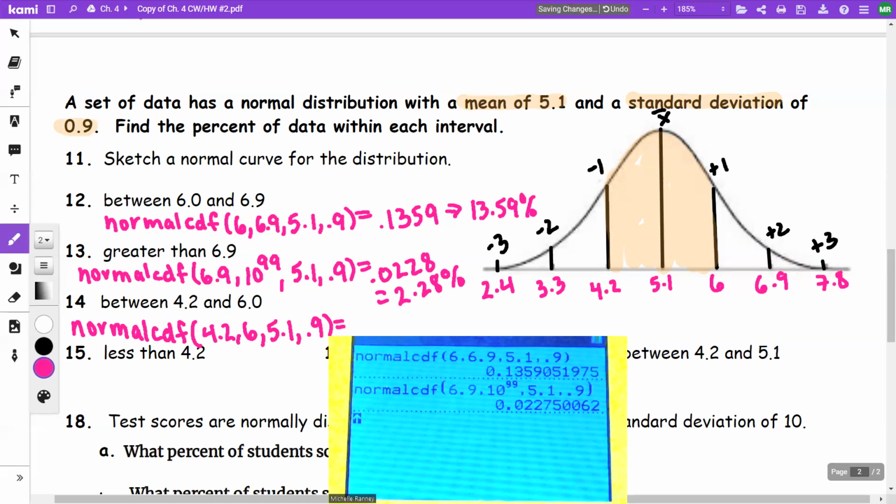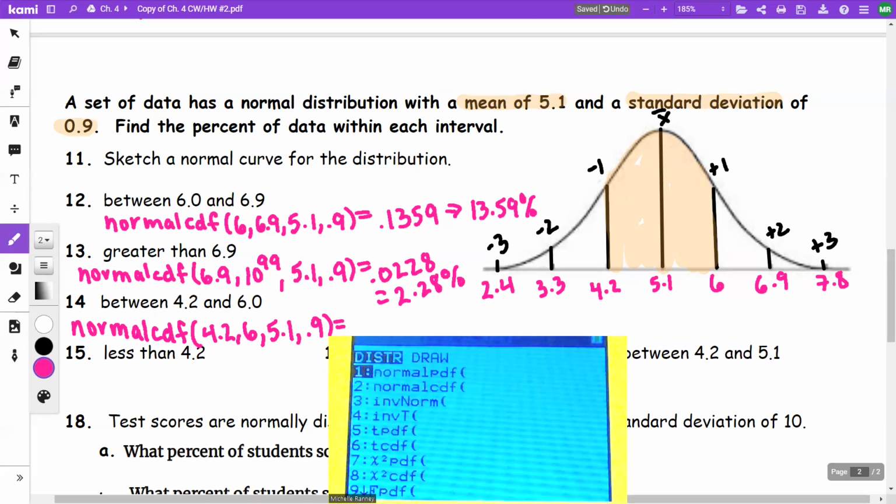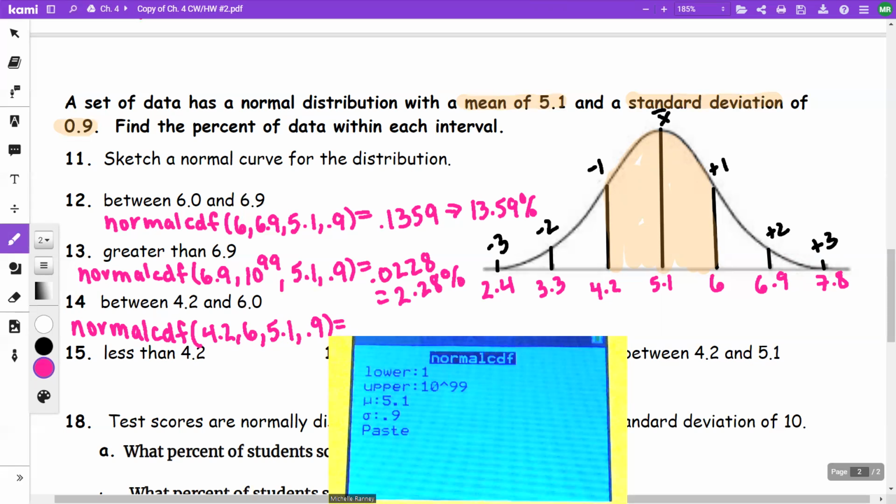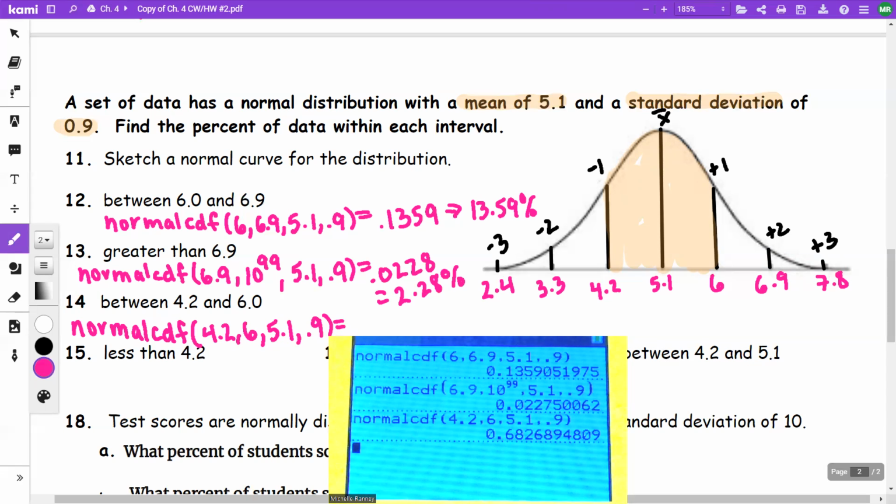So let me enter that in. And I get 0.6827, which is 68.27%.